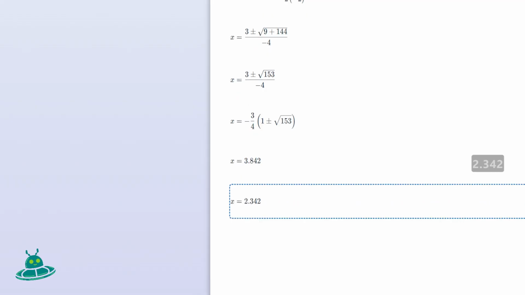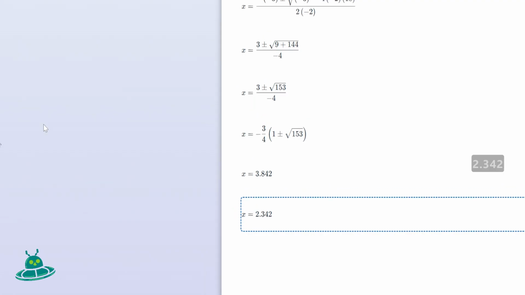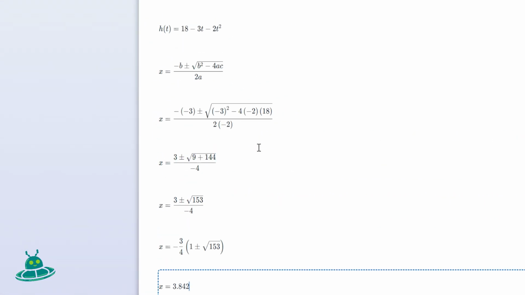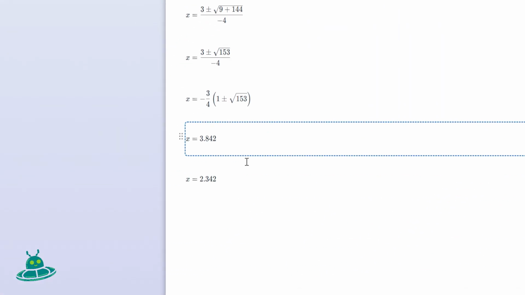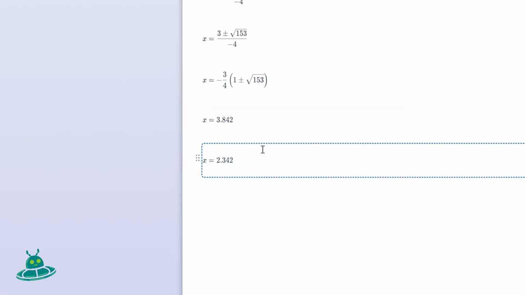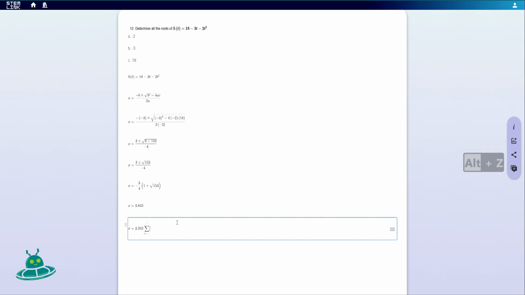Okay. So these are the two roots of the function, and it is solved. Cool. Let's stop zooming in. Oh, what happened here?